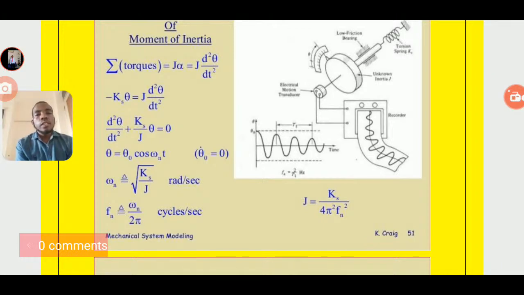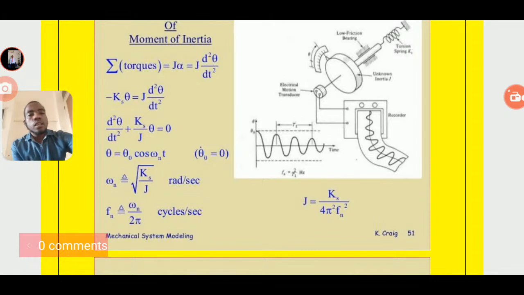Theta is equal to theta naught cos omega n t. So we can say that omega n is equal to the square root of ks over J, in rad per second, which is the SI unit for angular velocity.